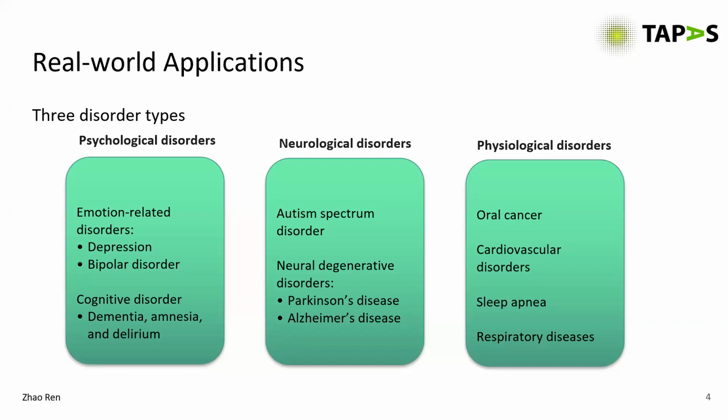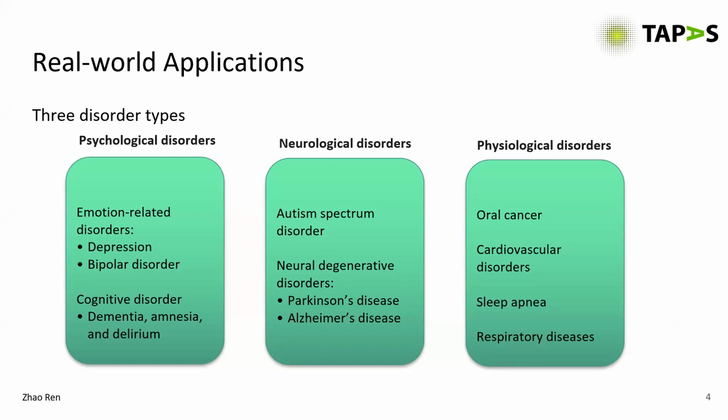In general, there are three disorder types: psychological disorders, containing many emotion-related disorders such as depression and bipolar disorder, and there are also cognitive disorders, such as dementia.